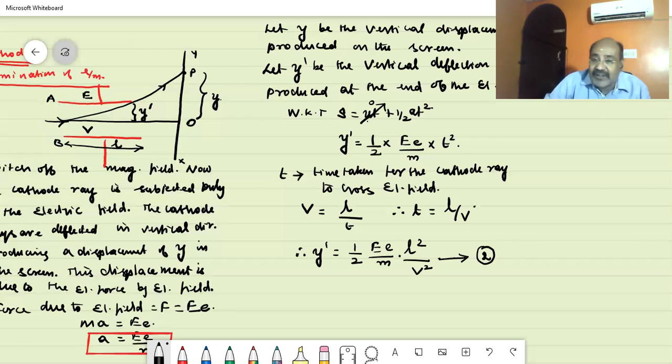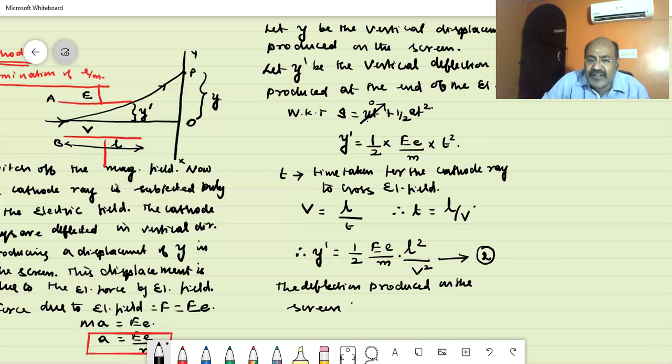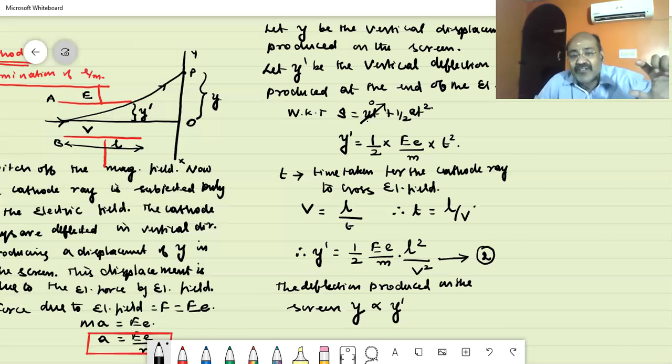It was found that the deflection produced on the screen, y, is proportional to the deflection y dash produced inside the discharge tube.